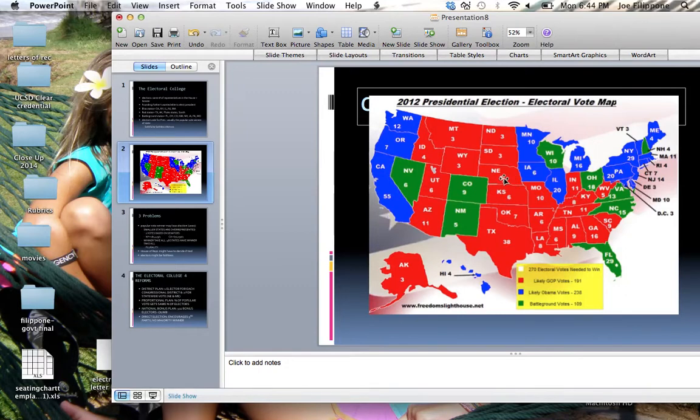Mitt Romney would get 4 electoral votes, Obama would get 1 electoral vote. But only 2 states have the congressional district method, they call it. So usually 48 states have, if you win the popular vote, you win all the state's electoral votes, which is the winner-take-all system.